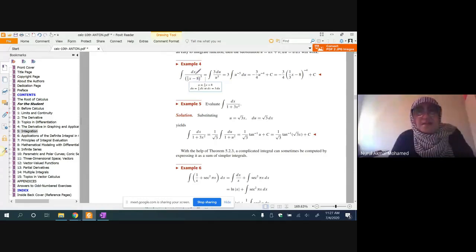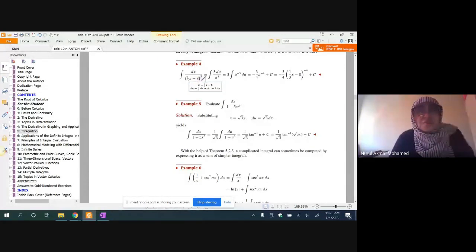Example 4 is the integral of dx divided by (1 over 3 x minus 8) to the power of 5. Then obviously you can replace the denominator in terms of u, where u is equal to 1 over 3 x minus 8.